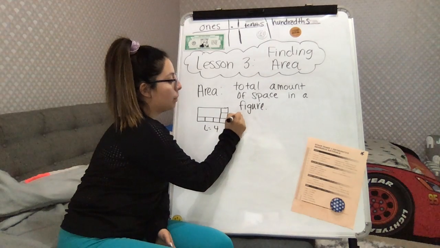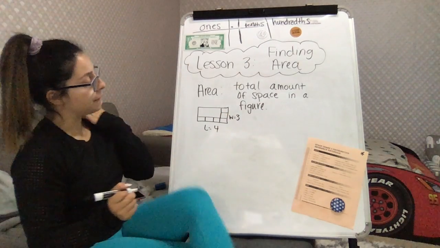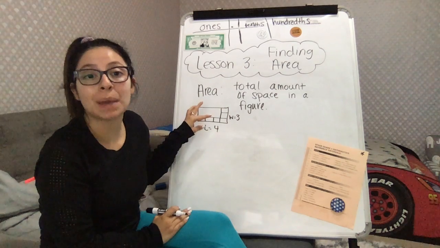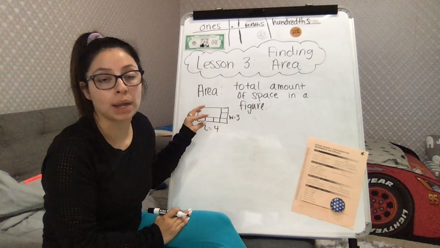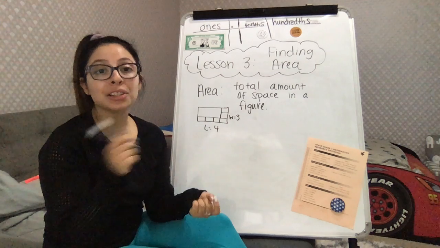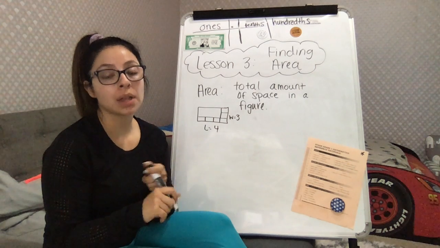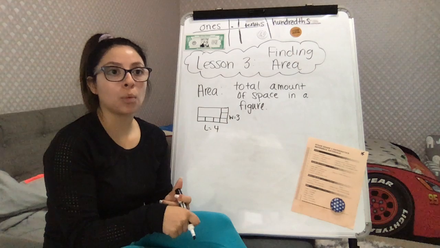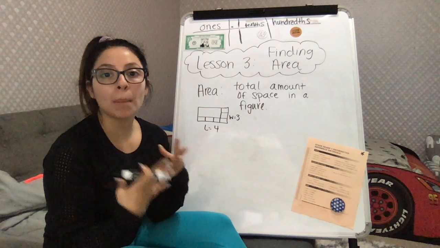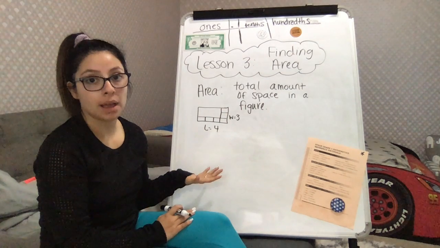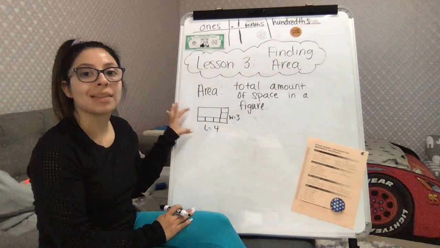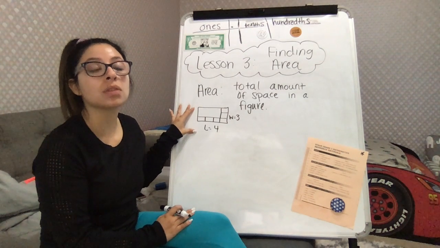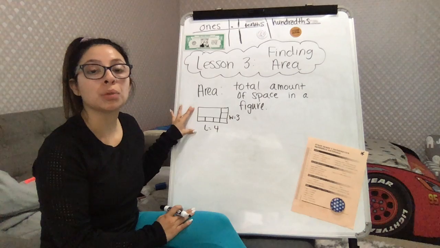So my width would be 3. If I want to know the total amount of space I can fit inside this rectangle, last year in 3rd grade you counted squares. This year in 4th grade, we're not going to rely on squares so much. We're going to rely on the formula. I'm going to show you why this example, if you count by squares, will be similar to the formula.